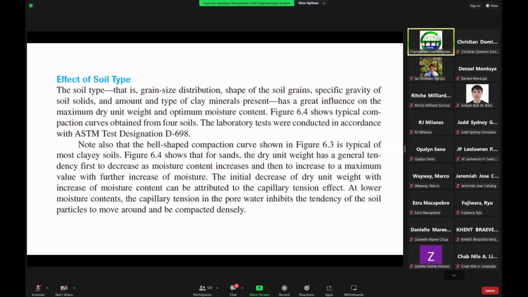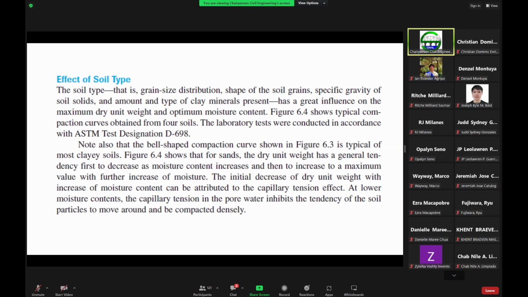But for the moment, let's just understand that for an unsaturated soil, any soil below 100% degree of saturation, you have the capillary tension effect, especially in the case of sands. At lower moisture contents, this capillary tension in the pore water inhibits the tendency of the soil particles to move around and be compacted densely.